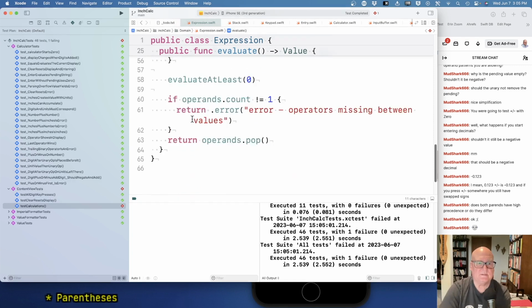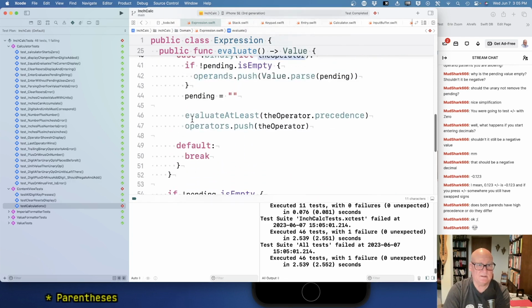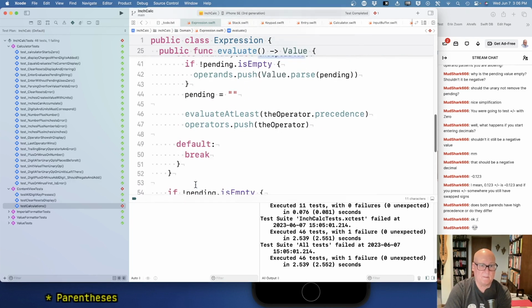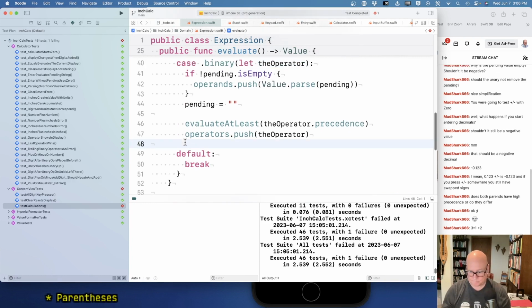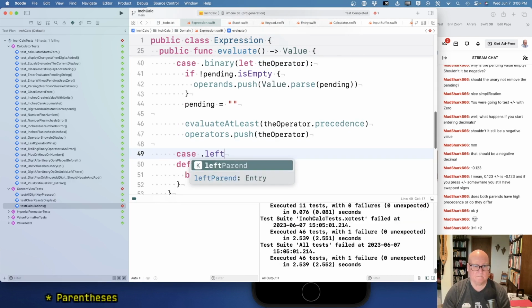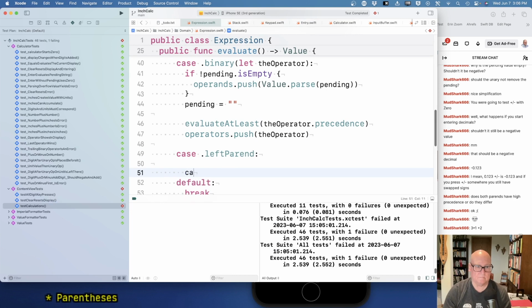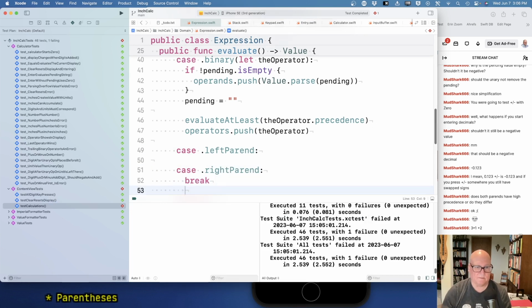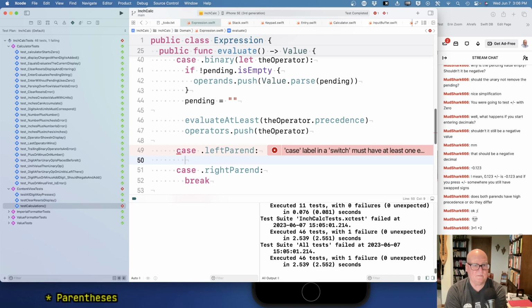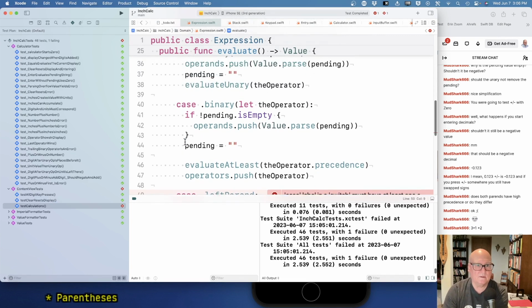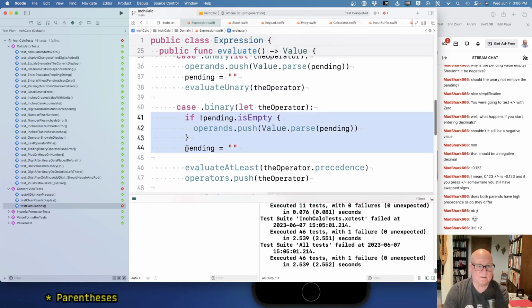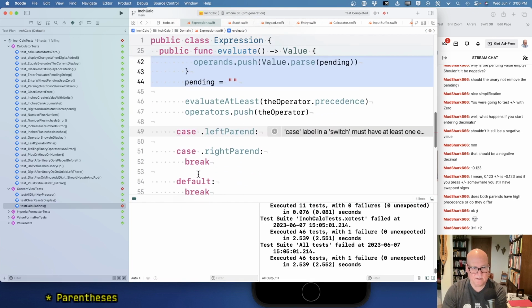Well, I guess we just have to do the cases, right? Put break for now, and this one, I believe we have to do this. Do I need that for our purposes? I don't think I do.